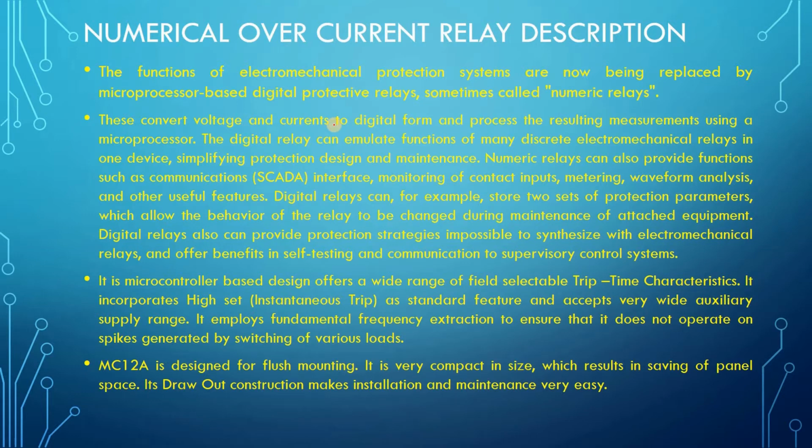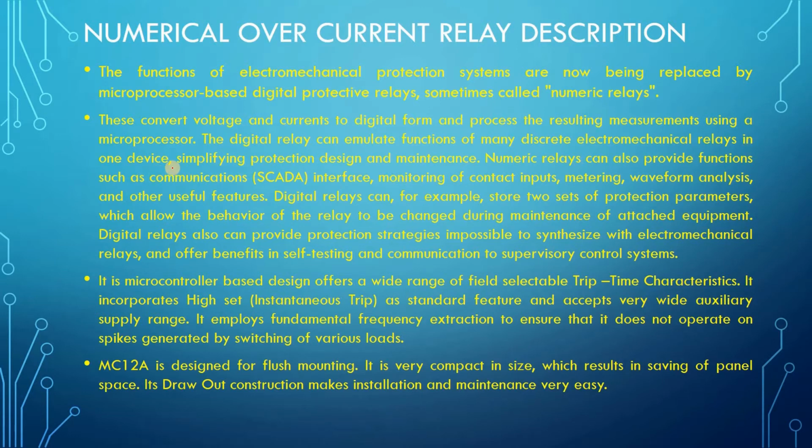As you know, in the digital case, this relay converts voltage and current to digital form and processes the resulting measurements using a microprocessor. That means voltage and current go inside, and inside the microprocessor it decides what to do or not to do. Then the digital relay can emulate the functions of many discrete electromechanical relays in one device.